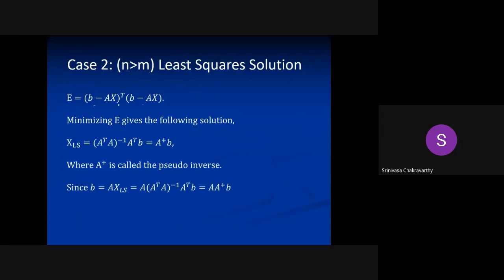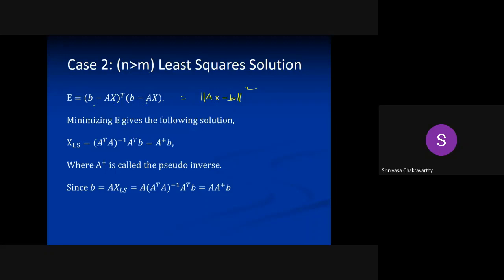So (Ax minus b) transpose times (Ax minus b) is nothing but the norm of Ax minus b squared, both are the same. Minimizing this, we'll have to use all those formulas that we derived before.